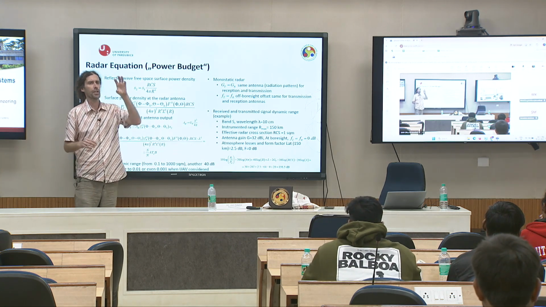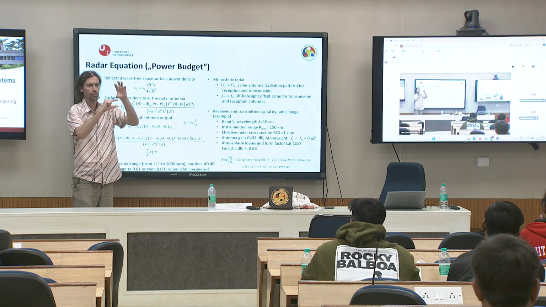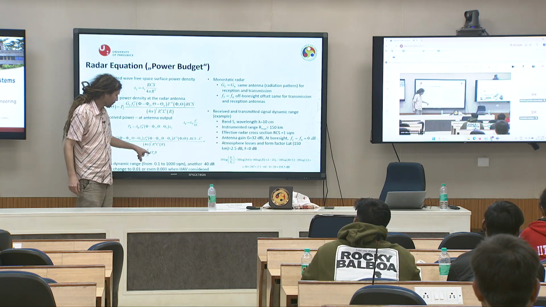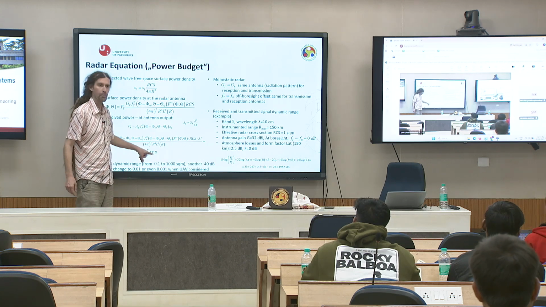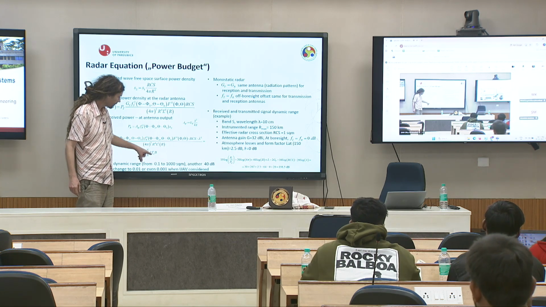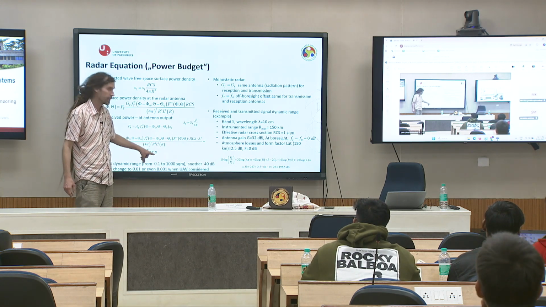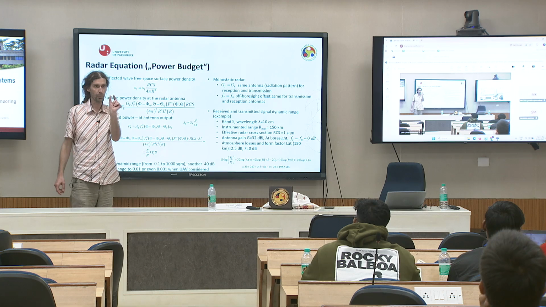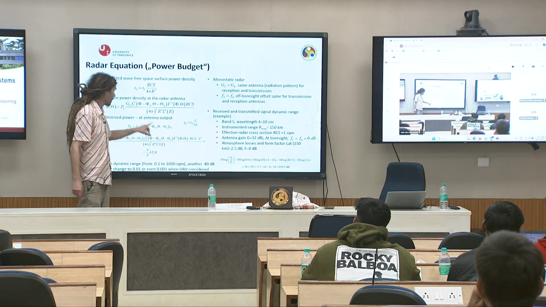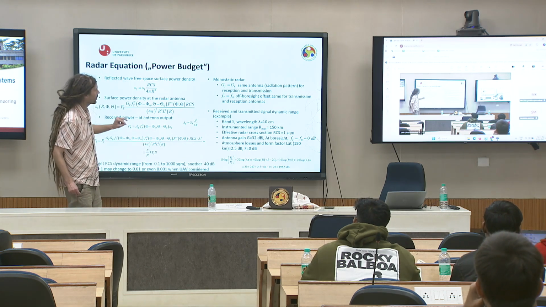I want a strong signal and low noise. This is the Boltzmann constant, this is the temperature of the system, and this is my bandwidth, which is related to my transmitter pulse. So this is the radar equation.